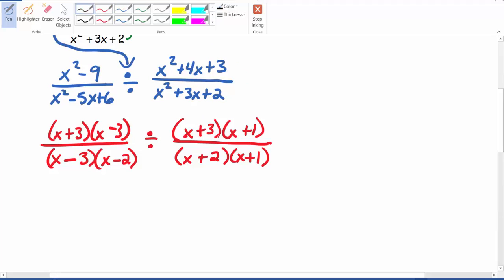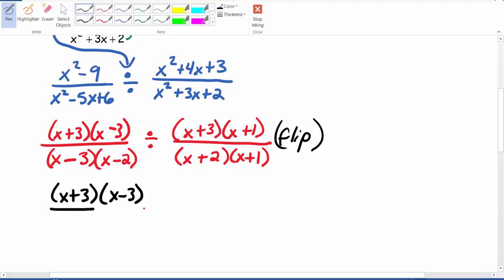Next, what we can go ahead and do is flip the second piece, in which case we would end up with x plus 3 times x minus 3 for the first piece, divided by that x minus 3 times x minus 2. Again, we're going to flip this entire second one.